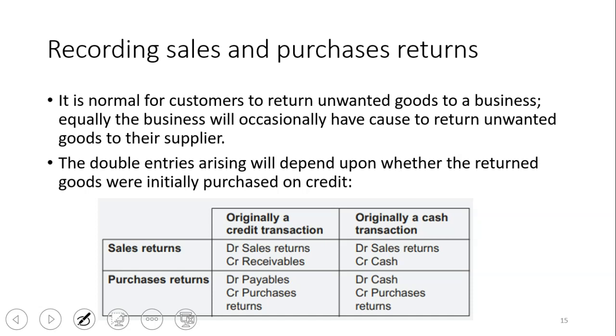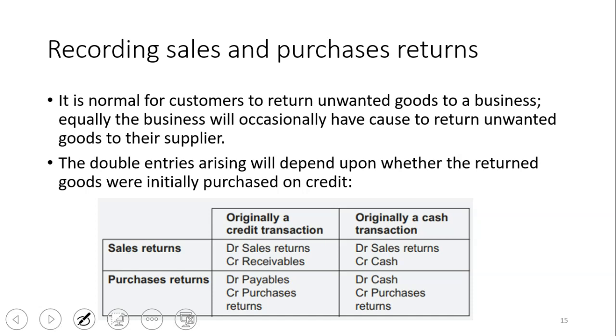So many reasons might force us to receive those goods back, and when we do, we have to account for them in our books. The double entries arising will depend upon whether the returned goods were initially purchased on credit.